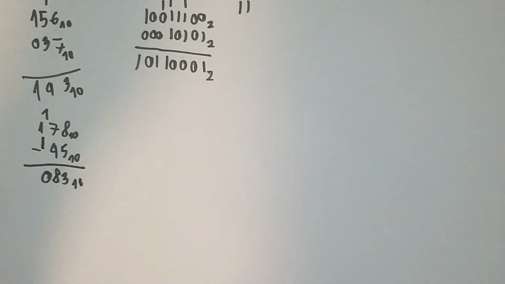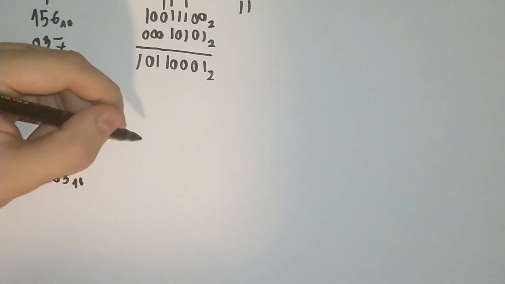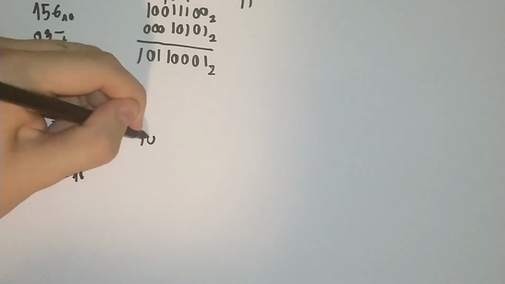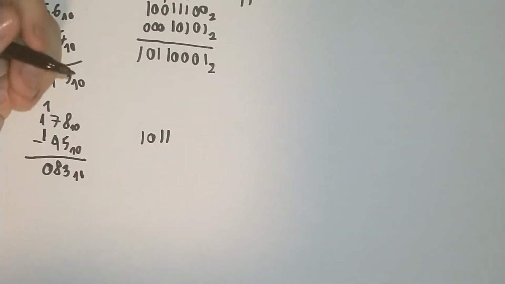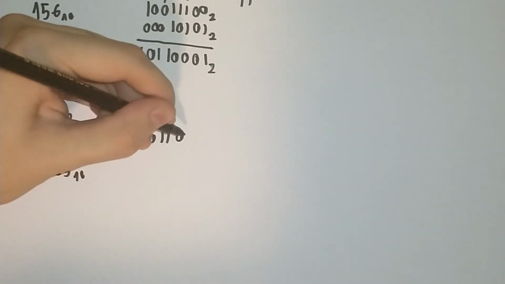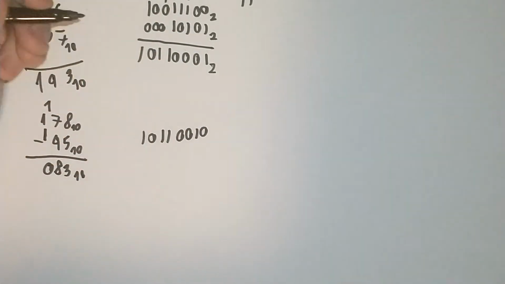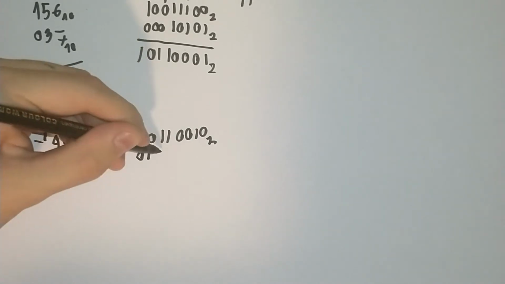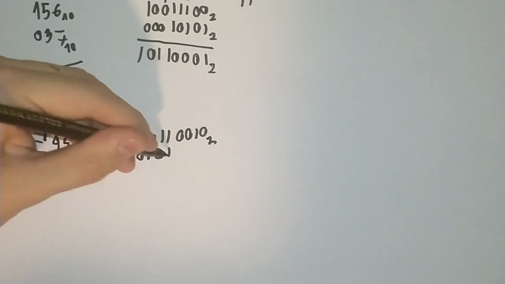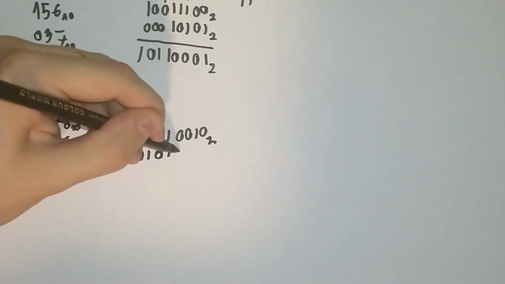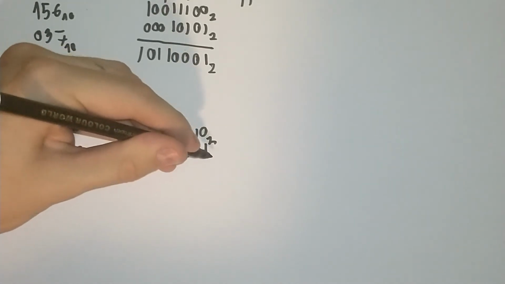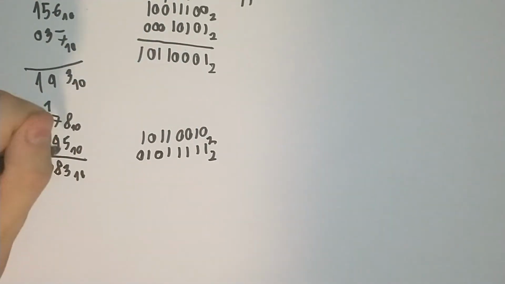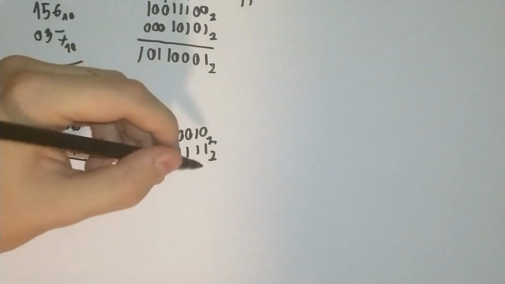So now let's do it in binary with the same numbers that we have over here. Let me just write it out. In base 2, this is 95, and this is 178.